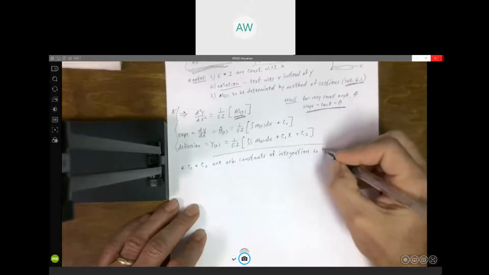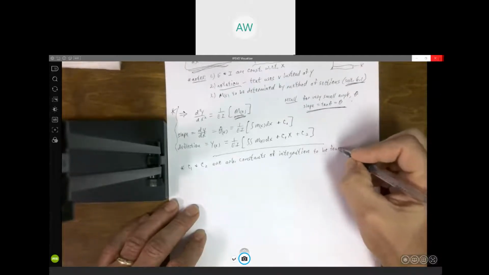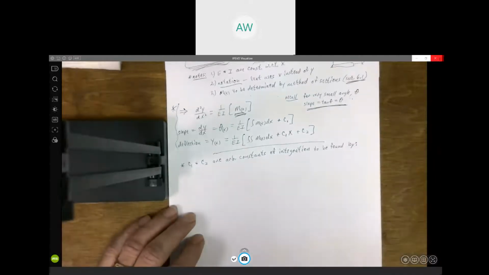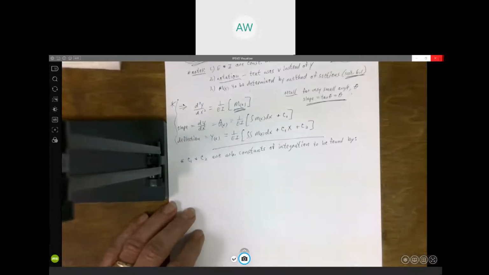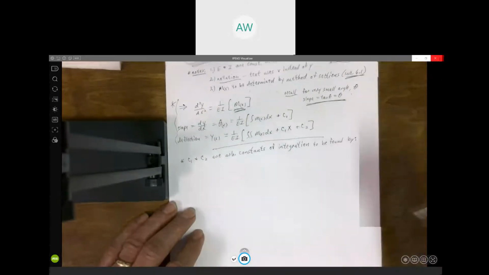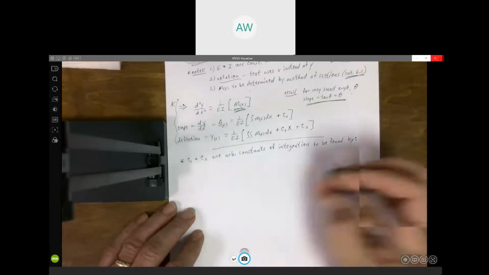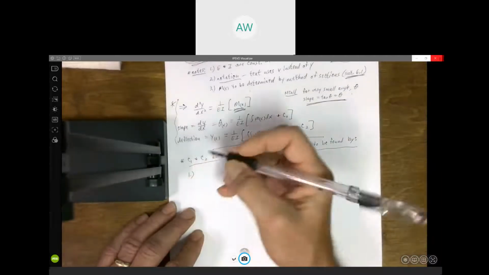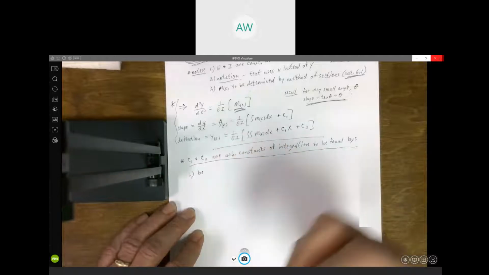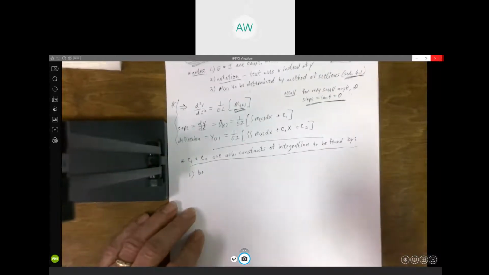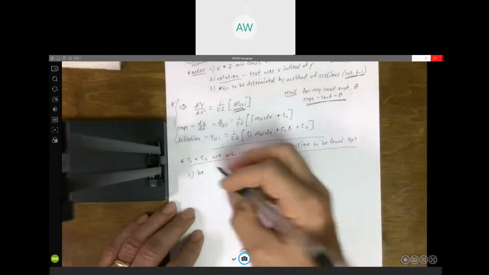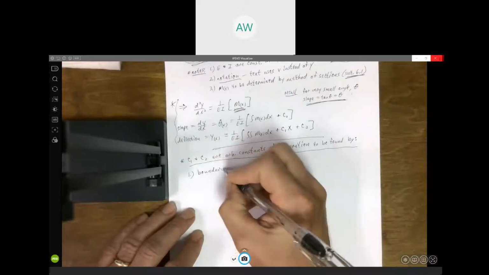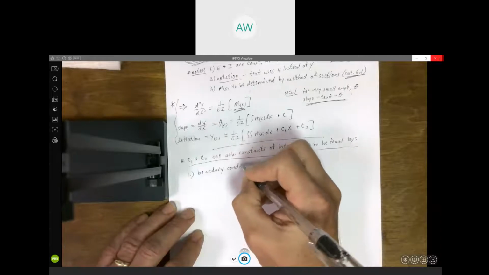And these will be found by using one of a couple methods. Sometimes you may have to do both of these things. Sometimes the first one is sufficient. We can find some and sometimes all of these constants of integration just by using our boundary conditions.